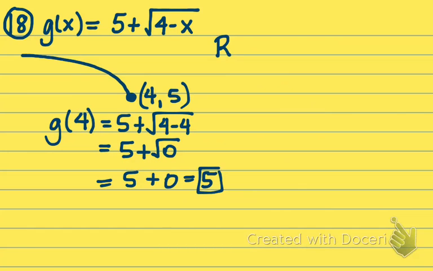Well, this graph doesn't go to negative infinity, so we're going to start at its smallest value, which is 4. So we're going to put a bracket because we just proved analytically that it could be 4. And then it's going to go to infinity. So if we were graphing this on paper, you would have an arrow out at this end. And so this is the range of this function.